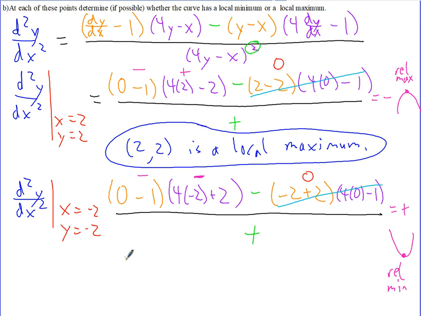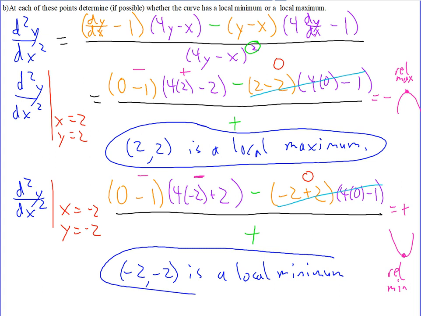So we can say (-2, -2) is a local minimum. And that concludes the notes for AP Calculus on the topics of implicit differentiation and the second derivative test.